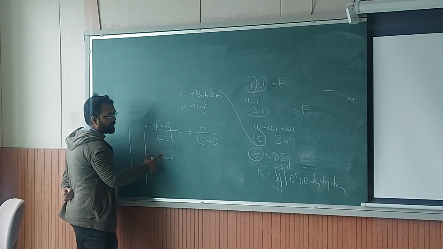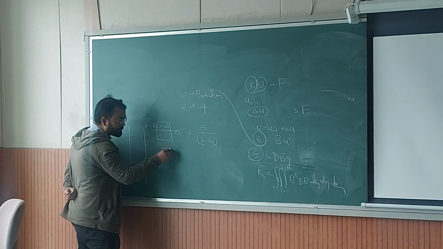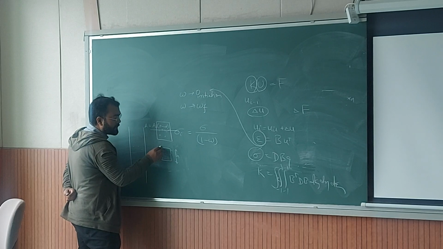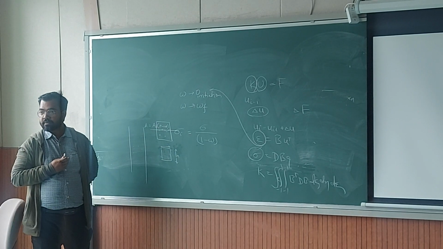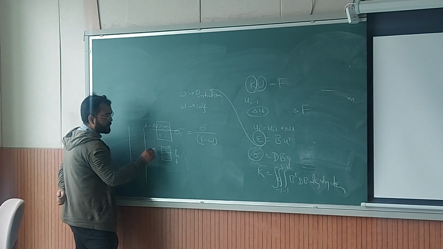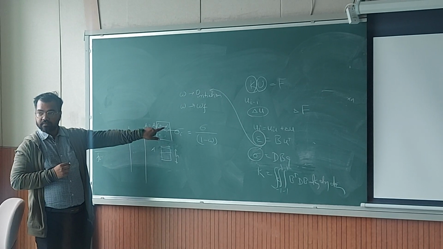So if I define another element which has no void in it and the height is same, but this dimension has decreased, thickness is same and no void in it, and this has an area of K, which is equal to A0 into 1 minus omega.